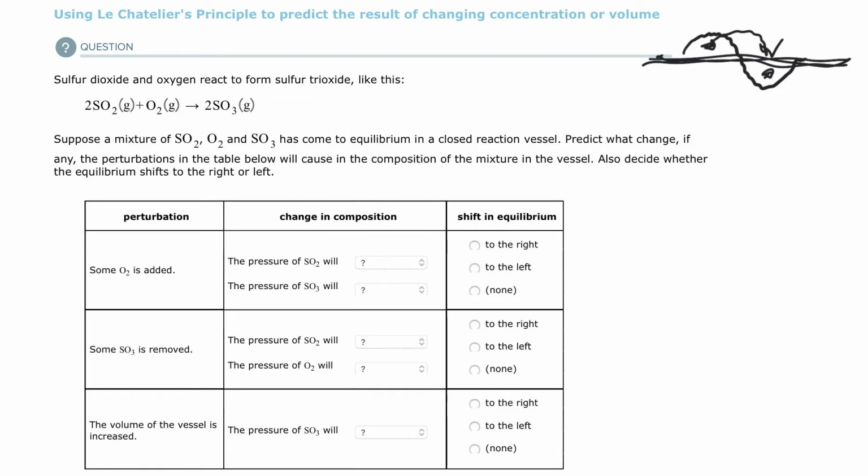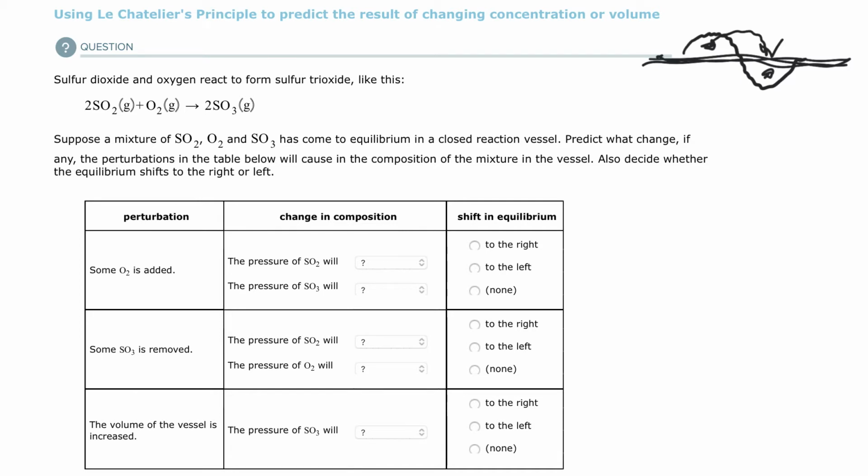So if you increase something on the left, it will push the arrow to the right. It will shift the equilibrium to the right, which will temporarily increase the forward rate. Okay, if you increase the concentration of something in the products, it will temporarily shift it to the left until it reestablishes equilibrium.